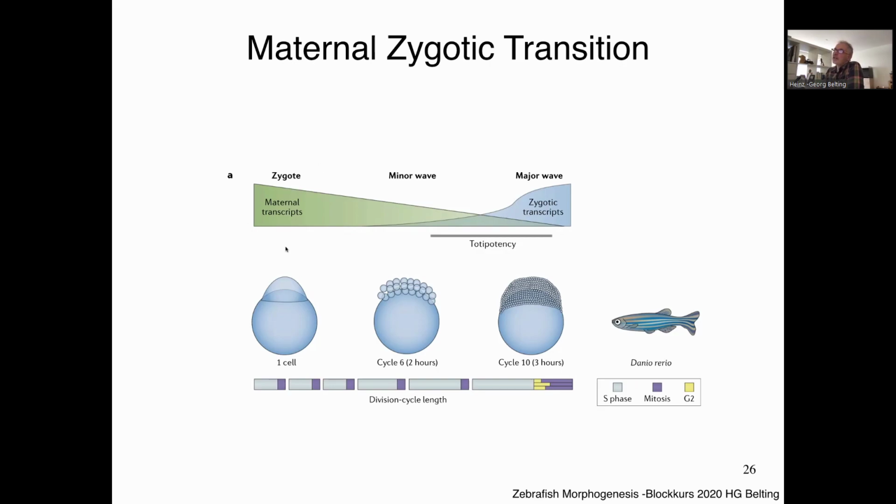I don't remember these things anymore off the top of my head, but what's interesting here is that the cells are in a way highly specialized, and then there's a transient phase of totipotency. I don't know the details anymore, but it is the interface between the onset of zygotic gene transcription and the complete takeover by zygotic transcripts.